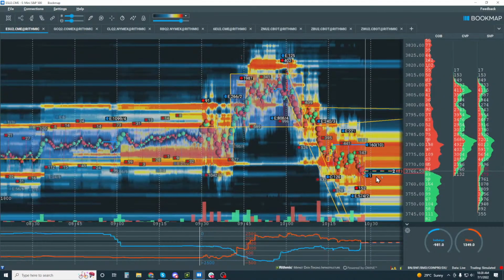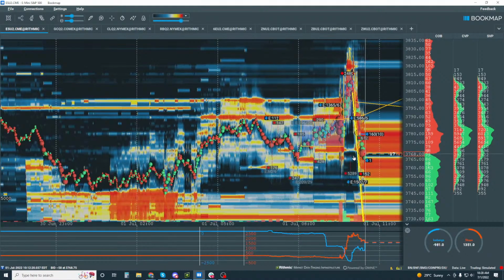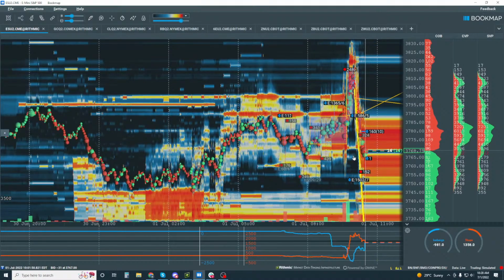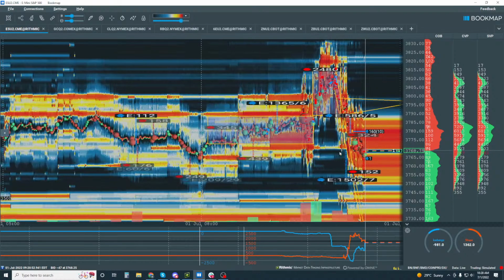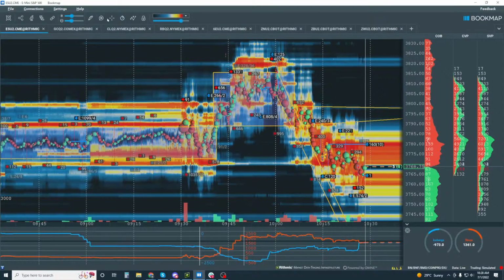So let's take a look again here, and let's read this order flow. So we are now, here's our cash open, here's the swing, we're below it.